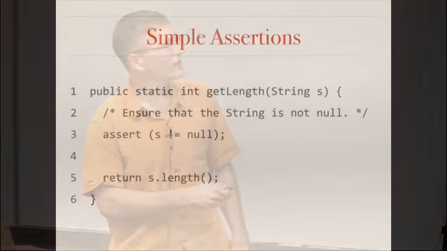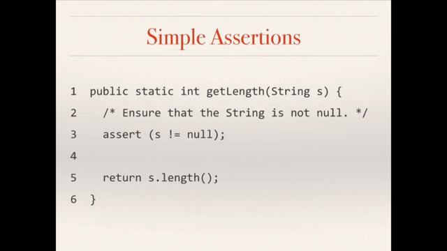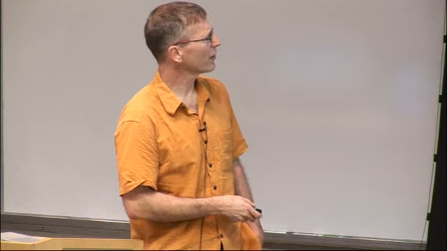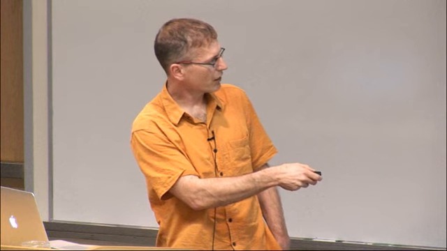So let's put this aside for a moment, and let's consider simple assertions. Simple assertions are like this one, taken from, I forget where I got this. Anyway, some language, either JavaScript or Java. The point is that this is the assert construct.